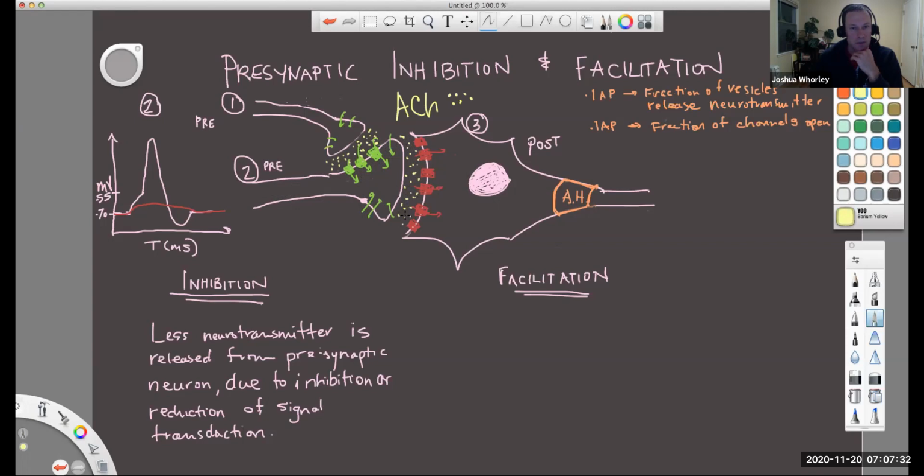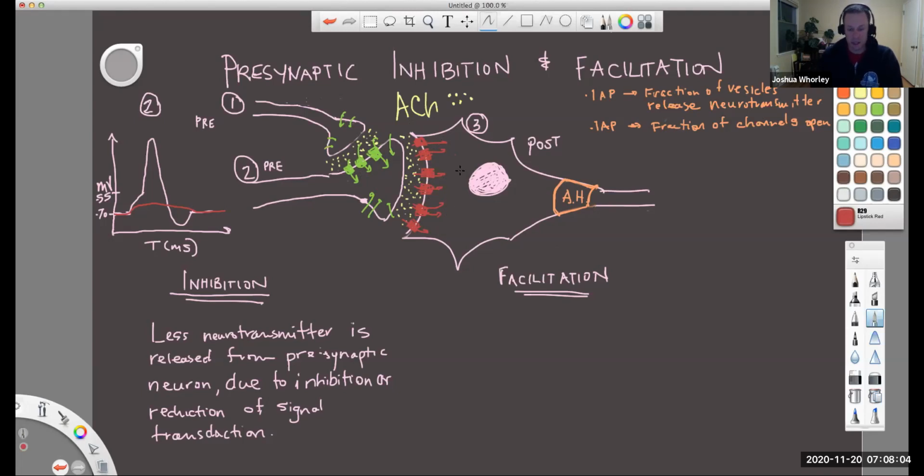So now there's more neurotransmitter released than normal because there's more calcium in there, more binding to these receptors on the postsynaptic cell, and that means we get more sodium entering this postsynaptic cell. So this is called presynaptic facilitation, because an arrival of an action potential at this presynaptic neuron resulted in more neurotransmitter release and more ion entry into this cell.